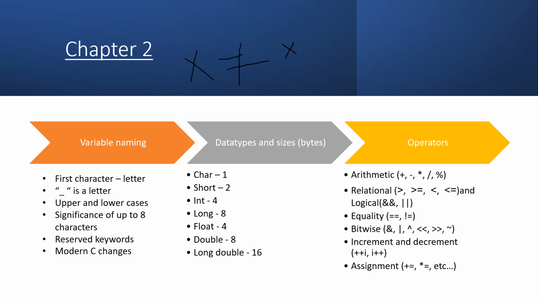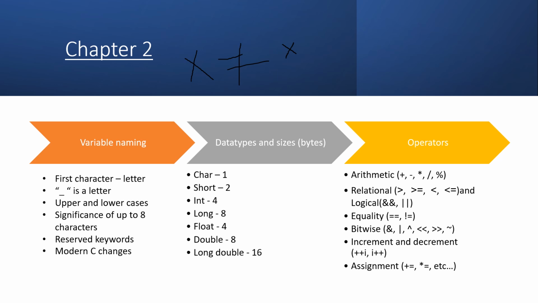So it's short integer, which is of 2 bytes, integer of 4 bytes, and long integer or long of 8 bytes. Float, double, and long double are types of float. So basically float precision will be of 4 bytes, double precision numbers will be of 8, long double precision will be of 16 bytes.